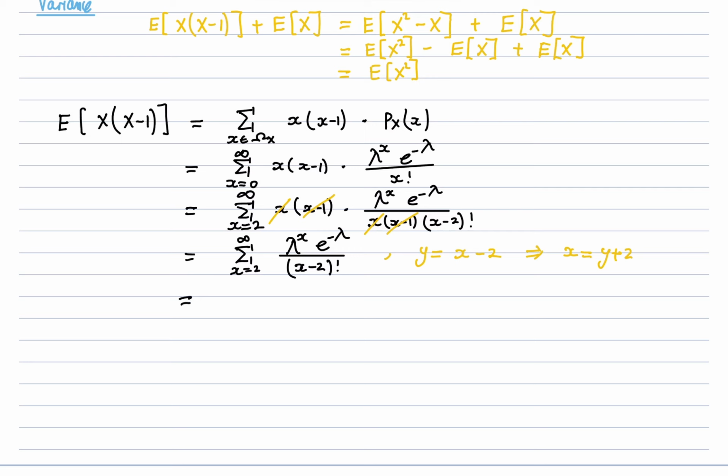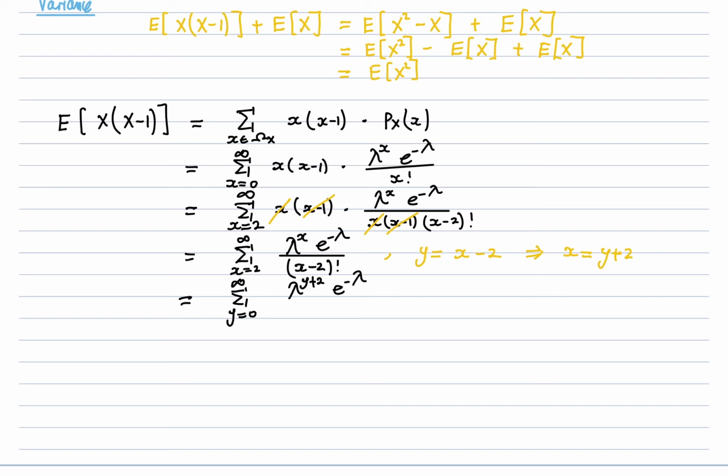What does this mean when we substitute or change our terminals? Well, when x is equal to 2, that means y is equal to 0. So we can rewrite that as y equals 0 to infinity, because infinity minus 2 is still infinity. Now our lambda to the x becomes lambda to the y plus 2.